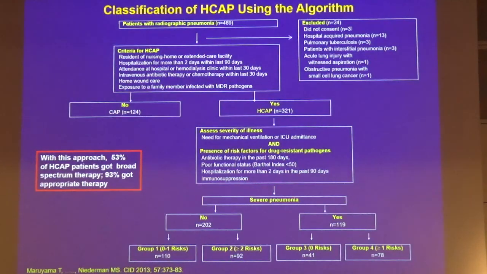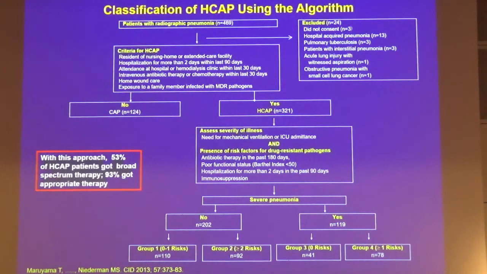And you can see the algorithm is shown here. We identify patients who have healthcare-associated pneumonia. That's because they reside in a nursing home, have been hospitalized for 2 or more days, or are getting dialysis or IV antibiotics.